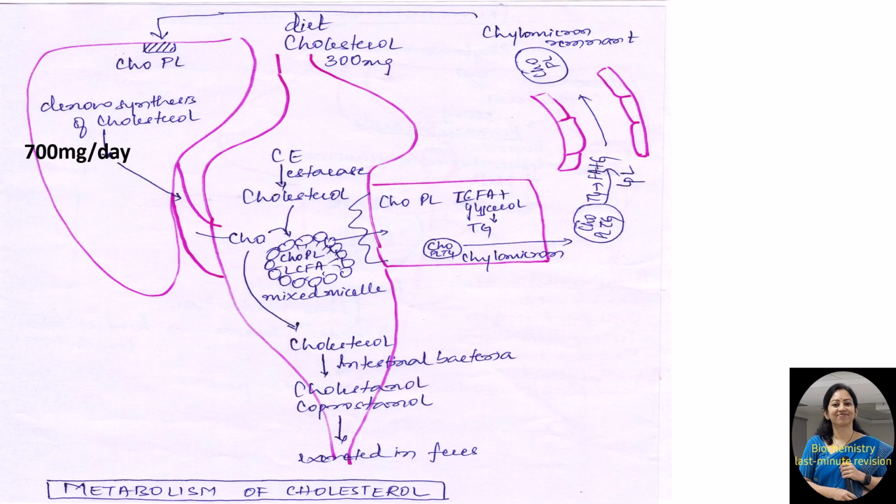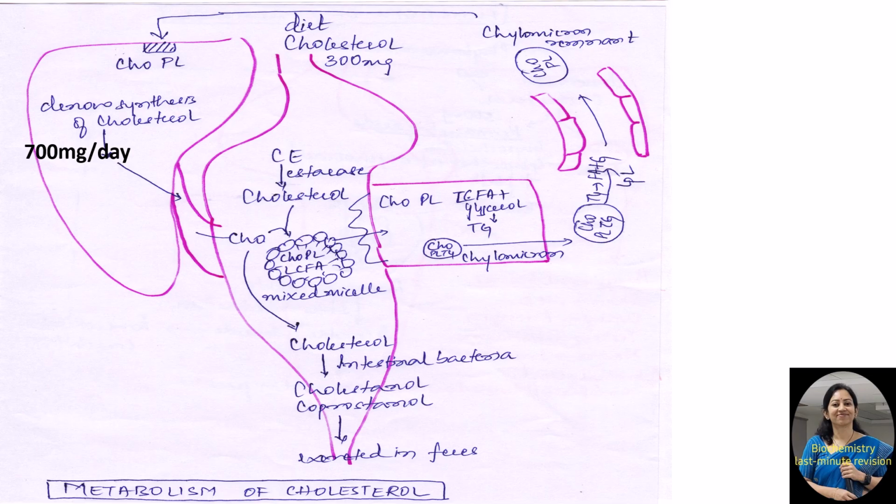Now these mixed micelles present the cholesterol, phospholipids and long chain fatty acids along the brush border of the enterocytes, wherein all these macromolecules are released into the intestinal epithelial cells. They are in turn packed into chylomicrons, and through the lymphatics they enter the general circulation.